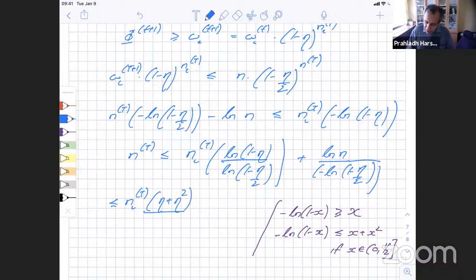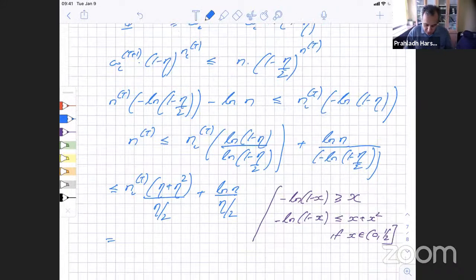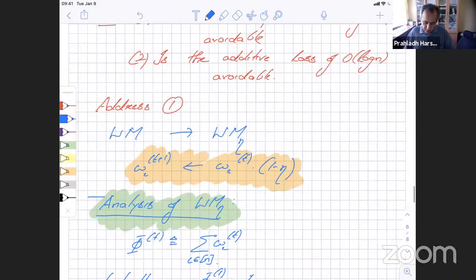The denominator, I will use the other one, I'll get eta by 2. This is ln n. I have an eta by 2 here. Sorry, my n's and etas look very close. Hopefully you can distinguish it with the tail. I didn't think of this when coming up with a notation. So this is 2 into 1 plus eta nit plus 2 ln n by eta. So I just want to state the same. Let's copy this here.